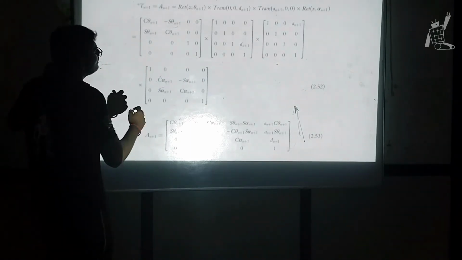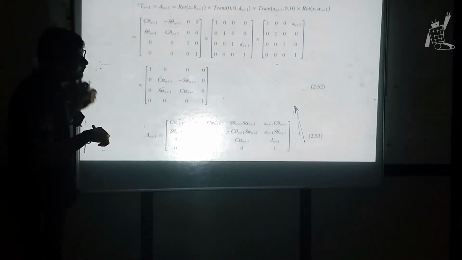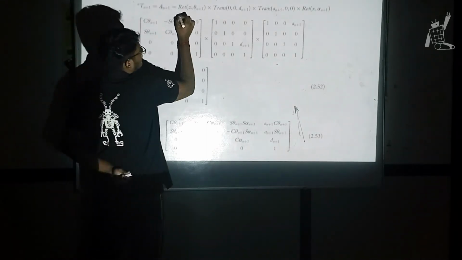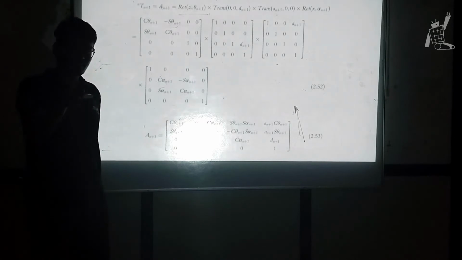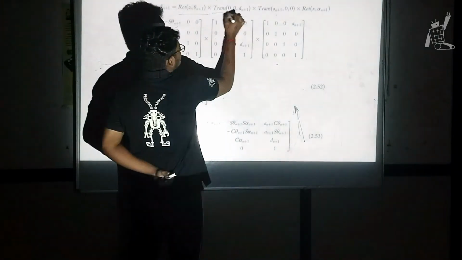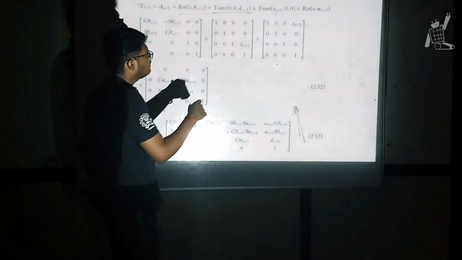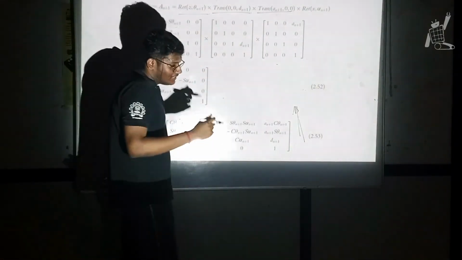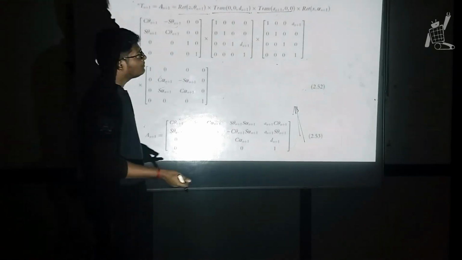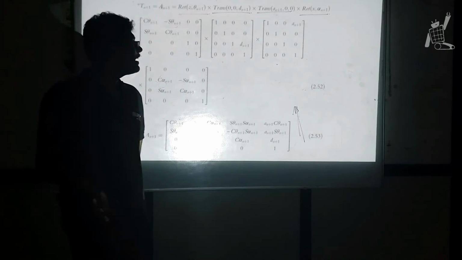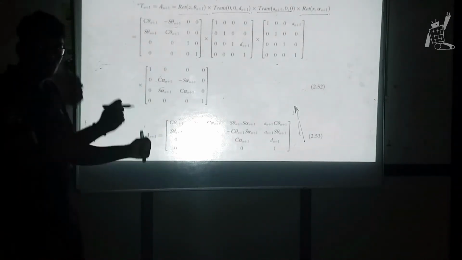As I said, now we can write the transformation. First is the rotation about the z axis, theta n plus 1, such that the x axis becomes parallel. Second, translation along the z axis, dn plus 1. Next will be the translation along the x axis, an plus 1. Next will be rotation about the x axis, alpha n plus 1, such that both frames will be completely aligned.